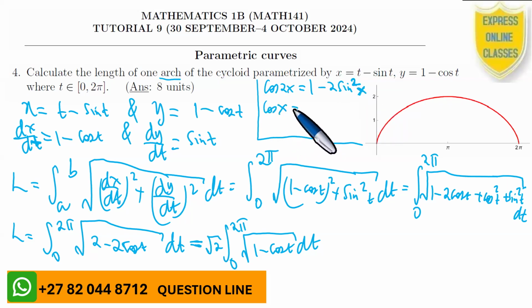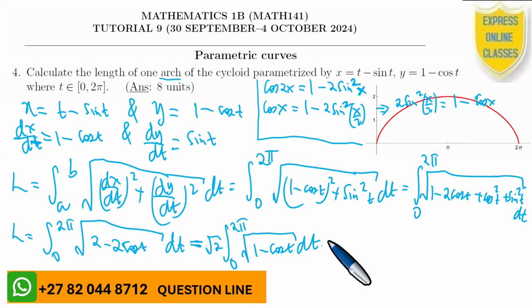So cosine x is 1 minus 2 sine squared of x over 2. It would mean therefore that 2 sine squared of x over 2 is 1 minus cosine x. In other words, 2 sine squared t over 2 radians is 1 minus cosine t.